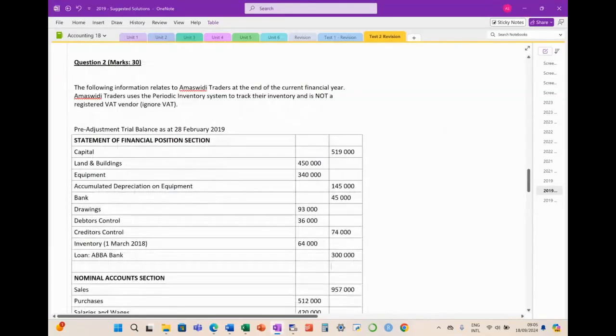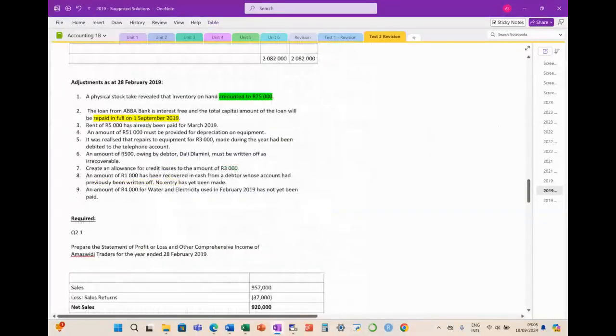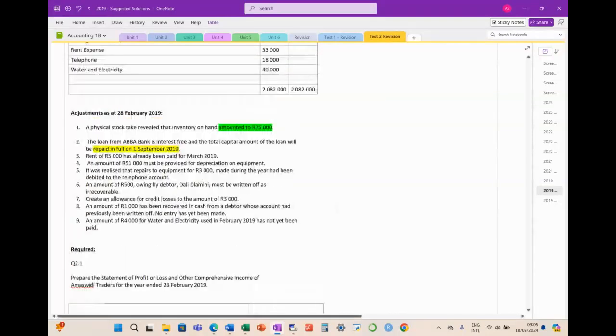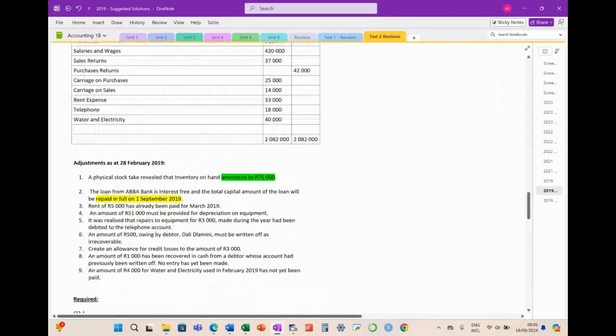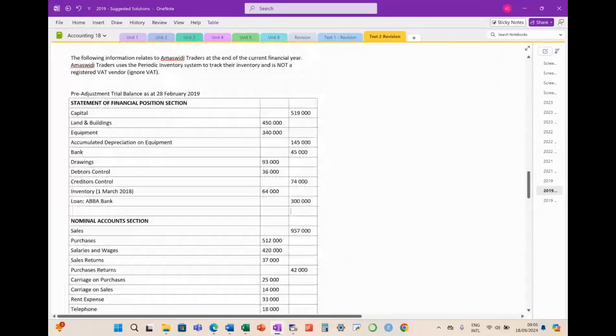So in the second question, okay, let's go to the required. They say, prepare the statement of profit or loss and other comprehensive income for the business for the year ended 28 February 2019. Before that, they've given us the pre-adjustment trial balance as at 28 February 2019.